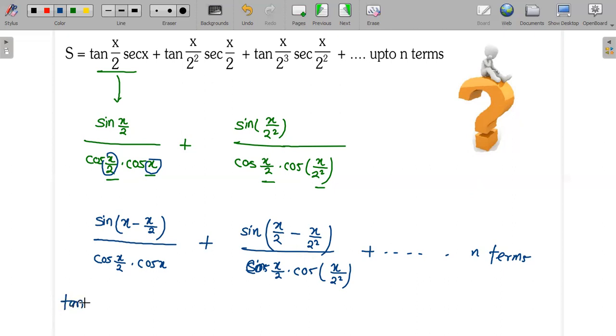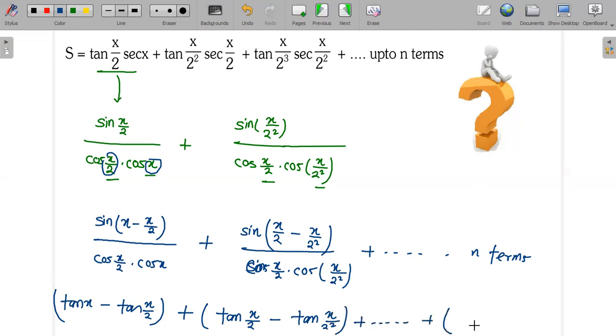I'm sure from the first term you'll get the difference of tan x and tan x by 2. Am I right? If I switch to term number 2, this difference will be there again, but this time it is of tan x by 2 and tan x by 2 square. If n terms are there, I'm sure this pattern will keep moving on till the last term.